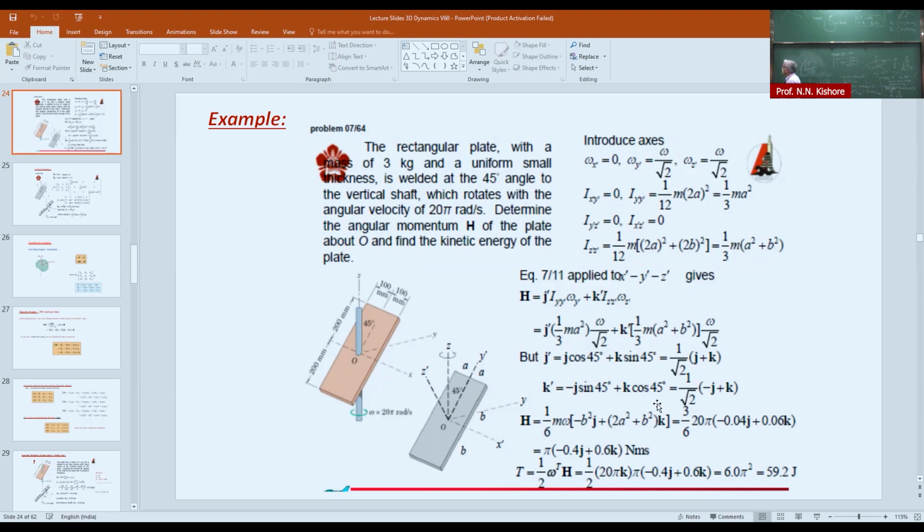Then we needed the angular velocities. About x prime it is 0, so y prime and z prime are the two axes about which we have angular velocity components. So essentially, you can put it in the matrix form if you are more comfortable, and then find out what hgx, hgy, hgz are, with respect to prime.